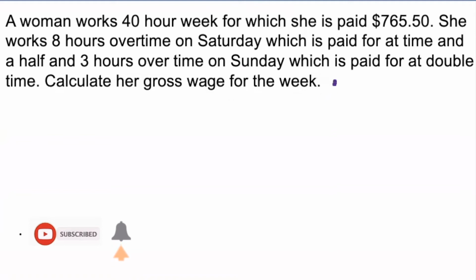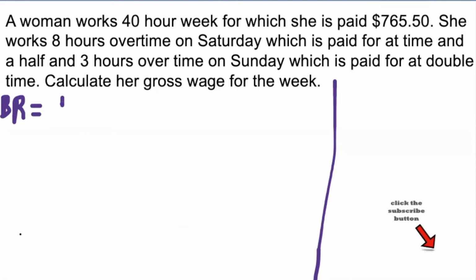Now, before I look at the gross wage, I wasn't given the rate. You first need the basic rate. And the basic rate, let's call it BR, is equal to the basic pay over the amount of hours that you work, which is the basic week.